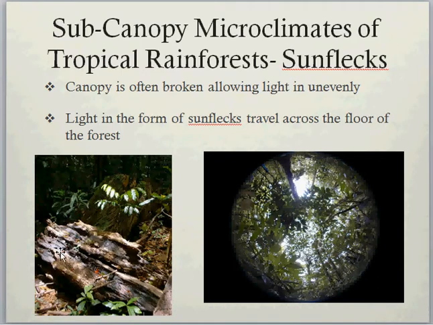So for instance, this seedling here will get sunlight at a particular time of day as the sun moves across the sky. In this hemispherical photo, the sun may move across the sky in this sort of manner, directly above where this photo was taken. It rises in the morning in the east, travels across the sky, and sets in the west.